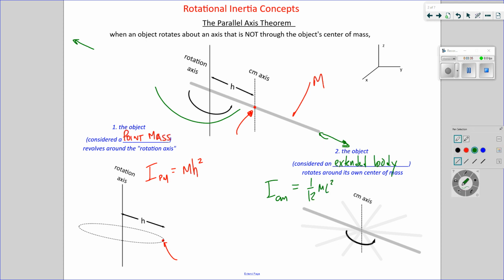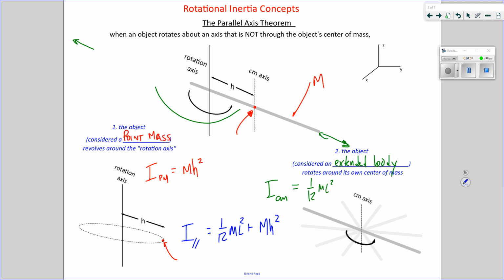So this rod about an axis that's parallel to an axis that passes through its center of mass is the sum of these two things: 1/12 ml squared plus mh squared.